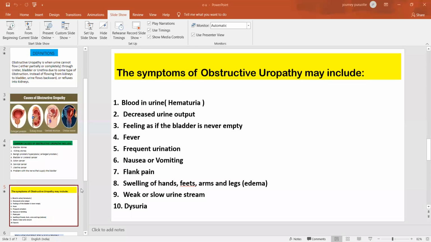Now if there is accumulation of fluid in our body, that can lead to edema, that is, swelling of our hands, feet, arms, or legs. Or else it can be whole body edema. So whole body edema is known as what? Babogla? Whole body edema is known as?